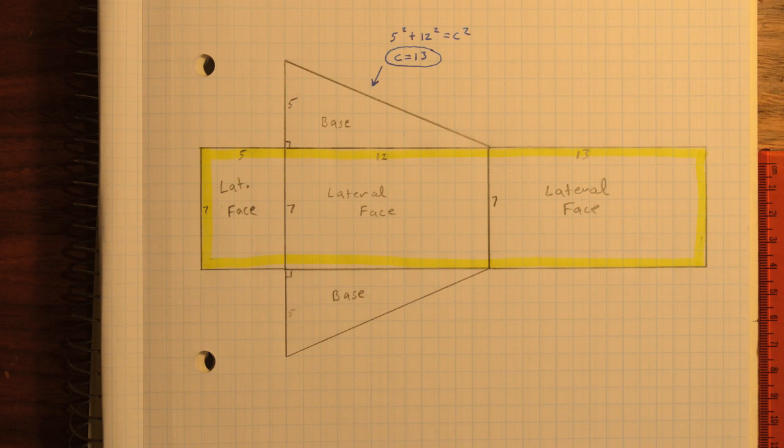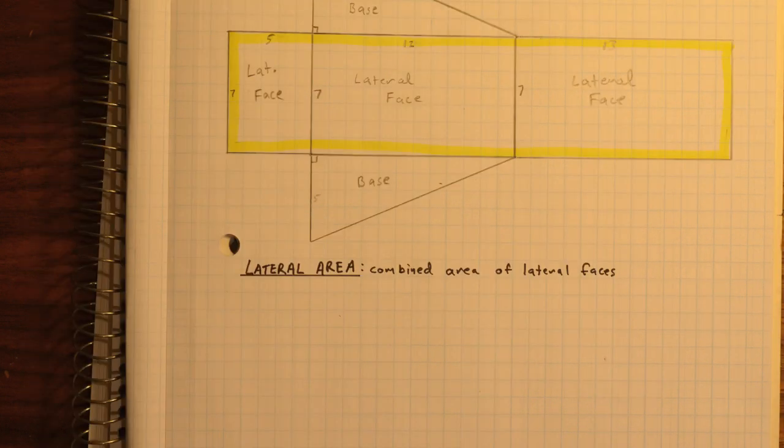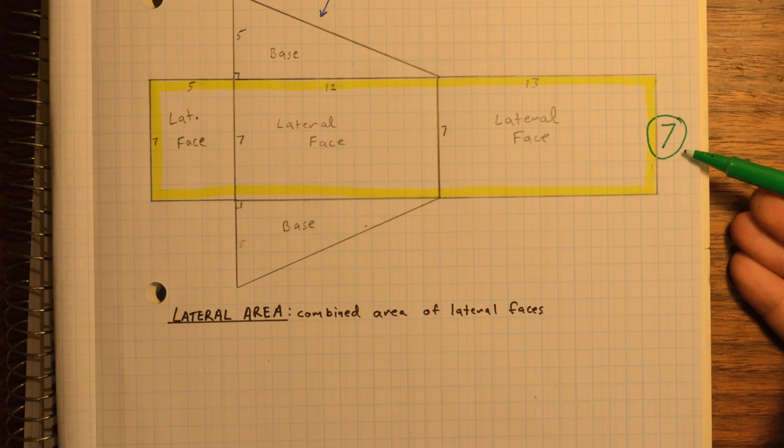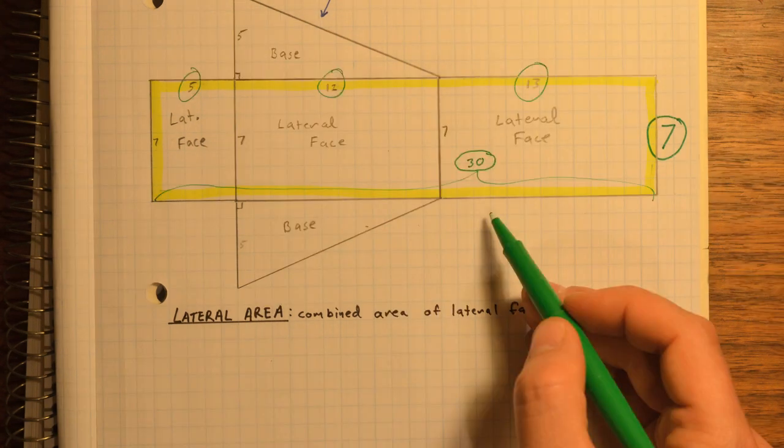And that's going to be important because the lateral area of a prism is the combined area of all the lateral faces. So you should note the lateral area has dimensions of 7 units tall, and the length is 30, which is the perimeter of the bases. So 5, 12, and 13 add up to 30. And so that big rectangle that's highlighted in yellow is a 30 by 7 rectangle.